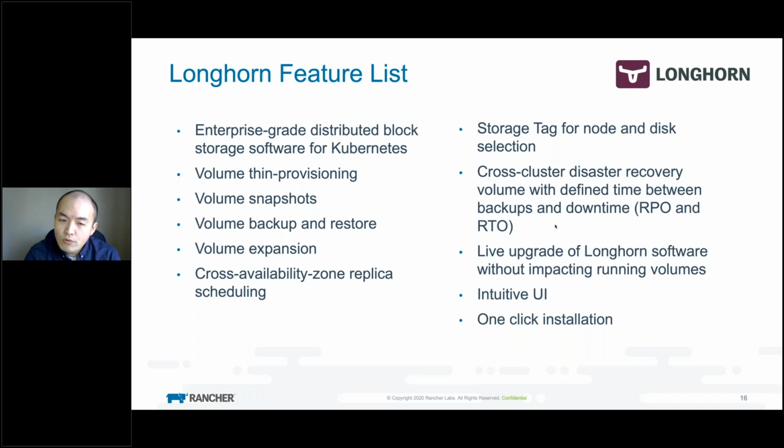Longhorn also supports volume expansion and cross-AZ replica scheduling. Cross-AZ replica scheduling is especially useful when you are running Longhorn on top of cloud providers, like for example EKS or AWS.